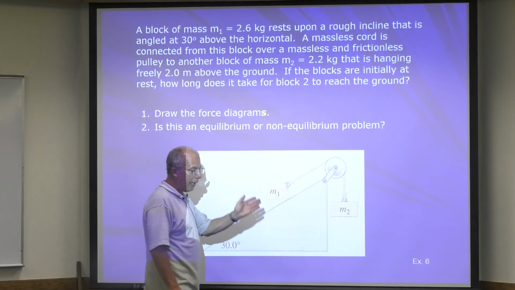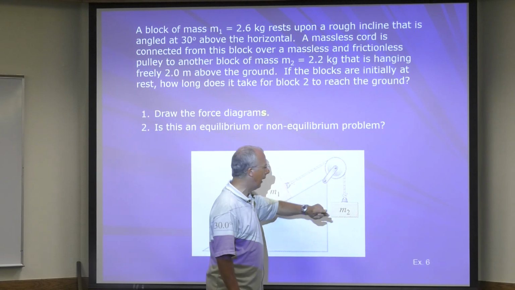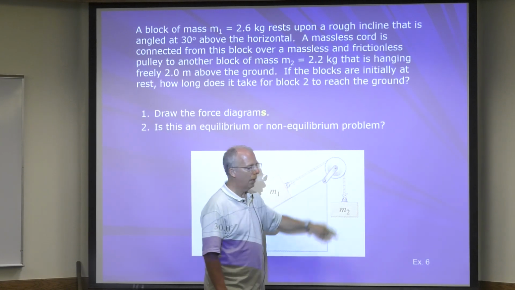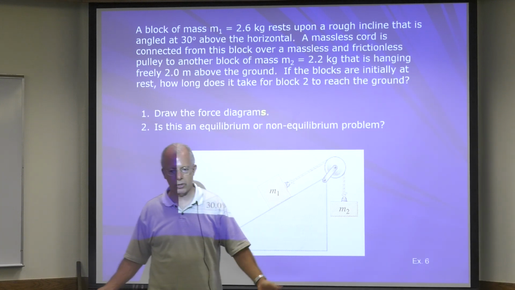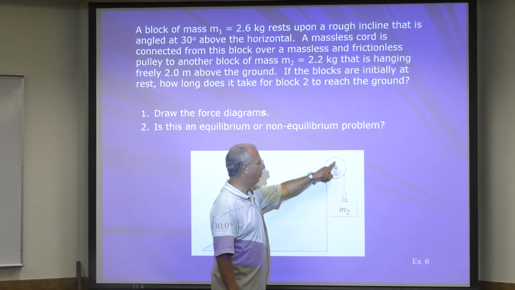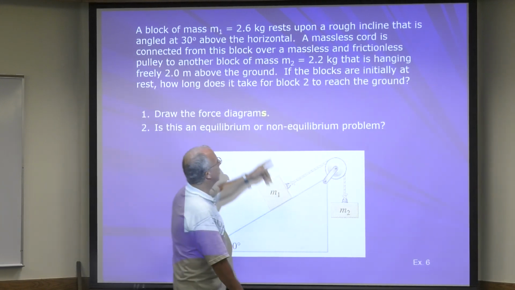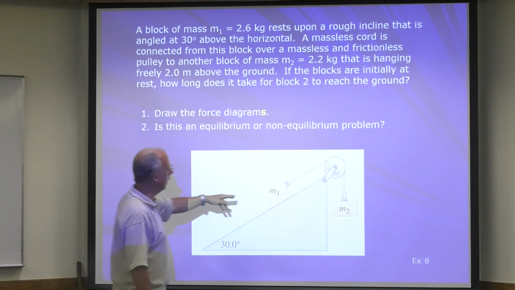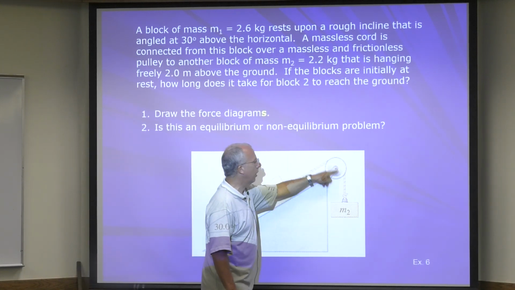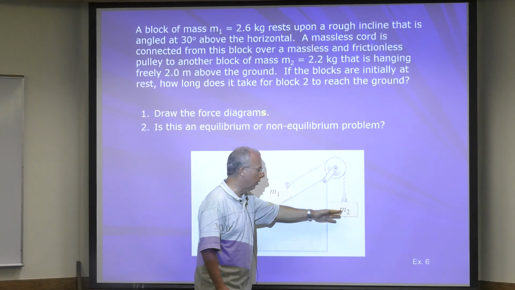Until we get to the last chapter of this semester, we're always going to assume we have massless springs and massless pulleys. Now that's ridiculous. What's a massless spring and massless pulley? What they really mean is that the mass of the spring is negligible compared to the mass of the objects. So here, the objects are 2.6 kilograms and 2.2 kilograms. You can have a fishing line, for example. What's the mass of fishing line compared to 2 kilograms?